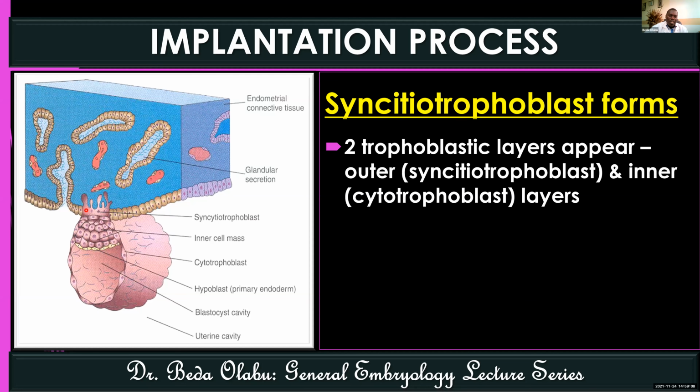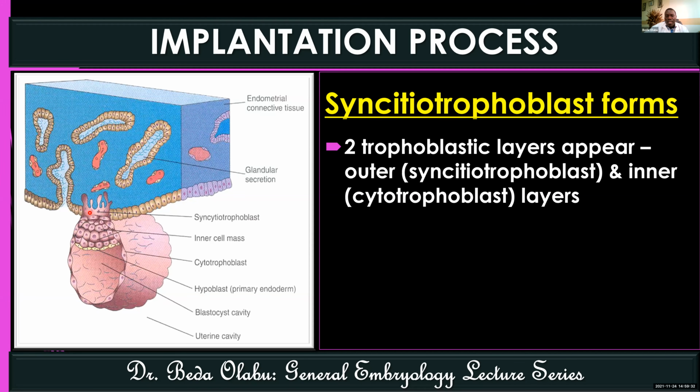You see a nucleus, you see another one, and you don't see a boundary. It appears like the cells are fused. We call that layer the syncytial trophoblast. The term syncytial, from the word syncytia, means fused or uniform or together, kind of. So this is the syncytial trophoblast.